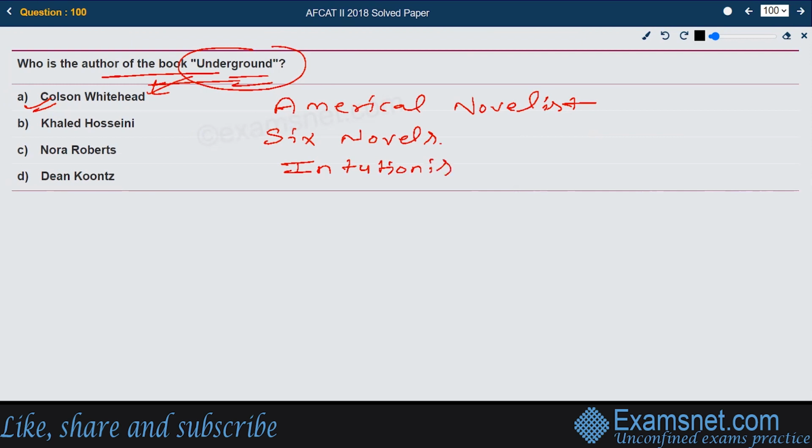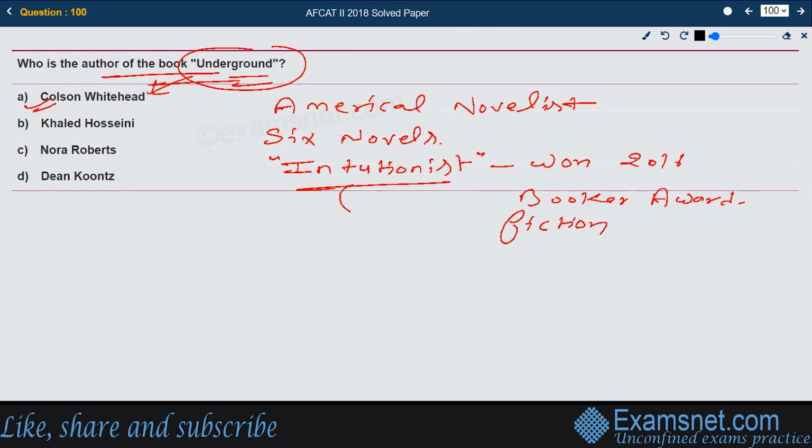Intuitionist became very popular at its time. The novel won the 2016 Booker Award, the International Booker Award that is given for very good books written by authors, in the category of fiction.